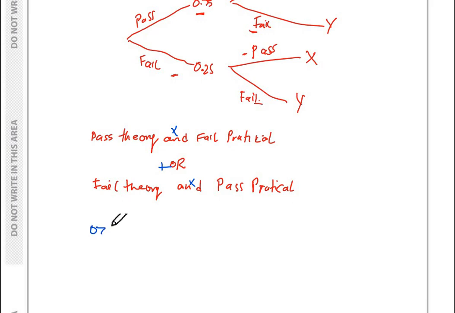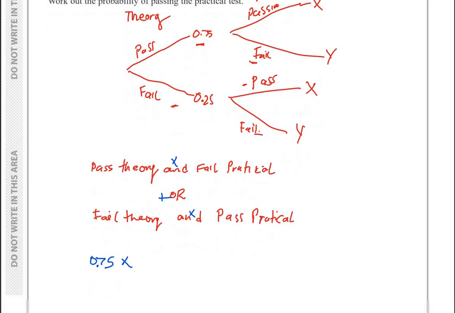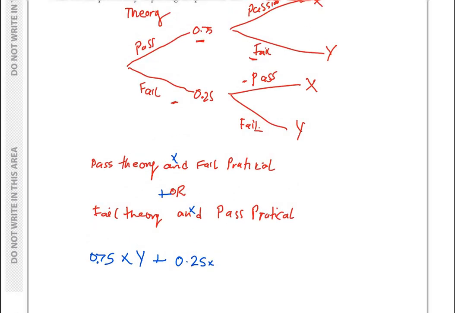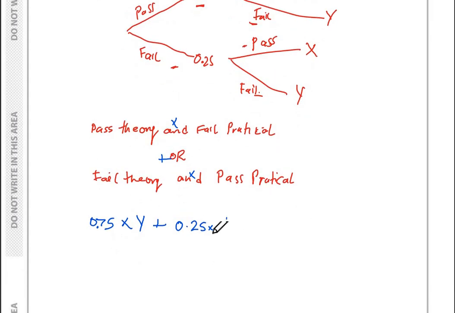0.75, times the probability of failing the practical, which is, we're not given the probability yet, we're just giving it as y, plus the probability of failing the theory, which is 0.25, times the probability of passing the practical, which is x, equals 0.36.